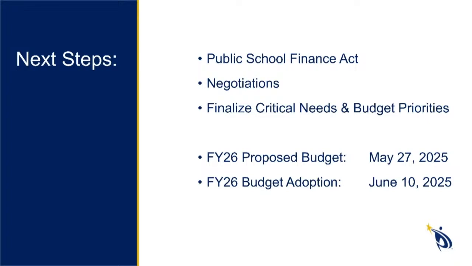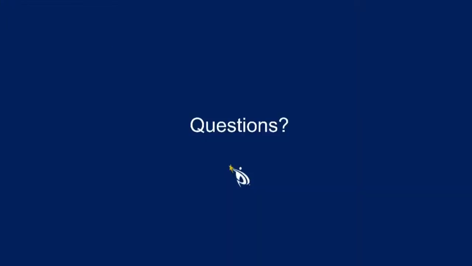Again, if there are additional critical needs or budget priorities that need to be inserted in the budget or discussed or evaluated through budget design team or budget advisory committee, then those would have to be factored in as well, with an anticipated proposed budget presentation date of May 27th, 2025. And then budget adoption no later than June 30th, but right now scheduled for June 10th of this year. Okay, so again, a build off of 2 weeks ago, but what questions, comments do you have that we can talk about and then answer?